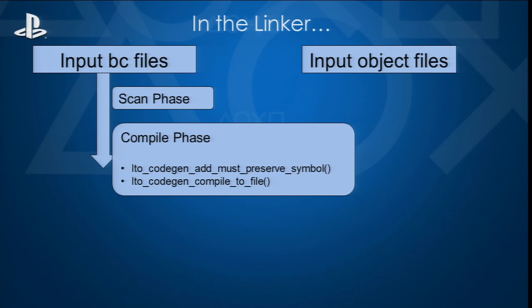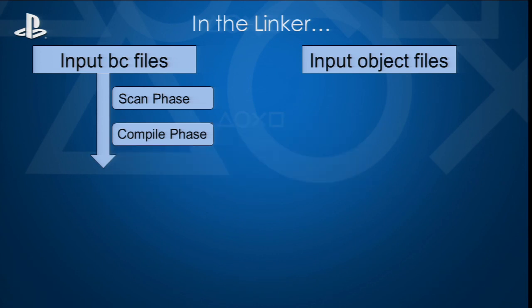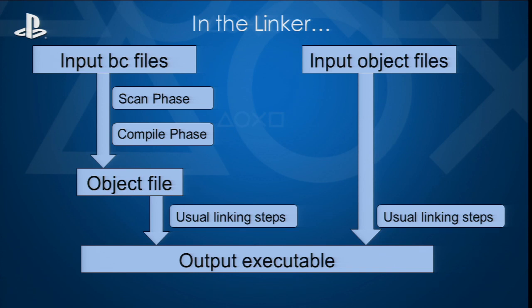In the compile phase, the linker marks all the symbols that need to be preserved in the bitcode files and compiles the bitcode files into one big native object. Some bitcode symbols that were not marked as reserved might get deleted in this step. The linker updates the symbol references after compilation. After that, the linking steps continue as usual.